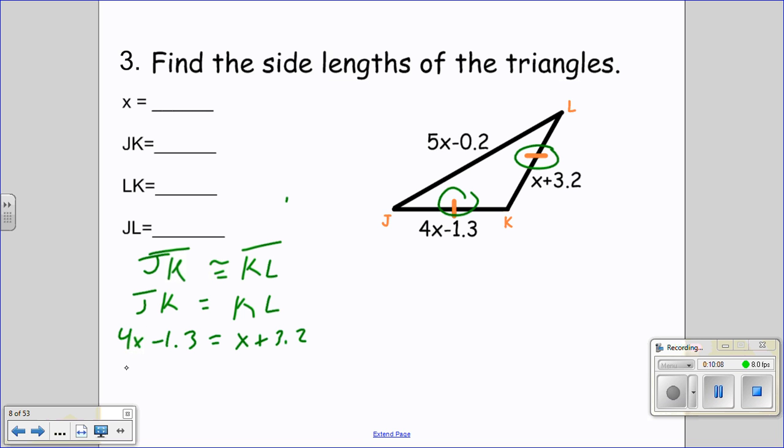When I subtract x, I'm left with 3x minus 1.3 equals 3.2. Then I would add 1.3 to both sides, which would result in 3x is equal to 4.5. Then divide both sides by 3, and you would get x is equal to 1.5.